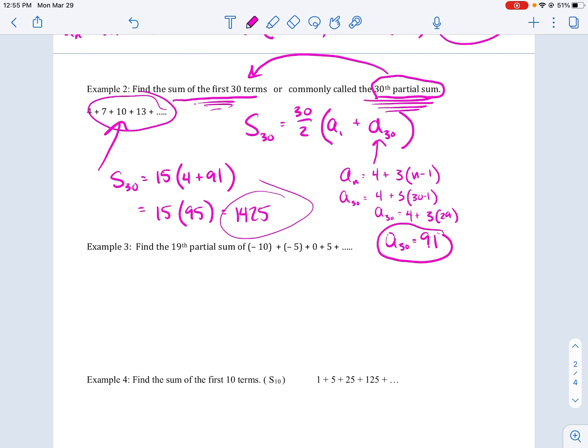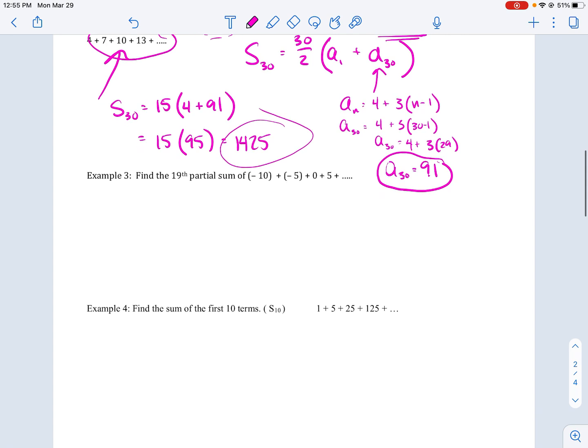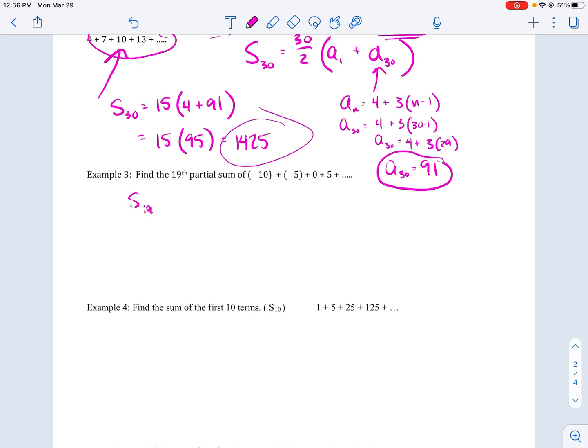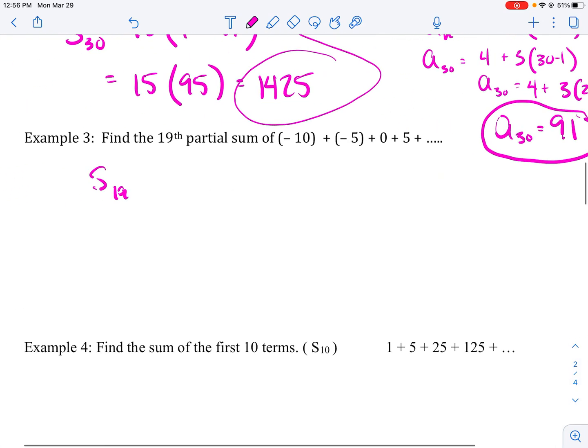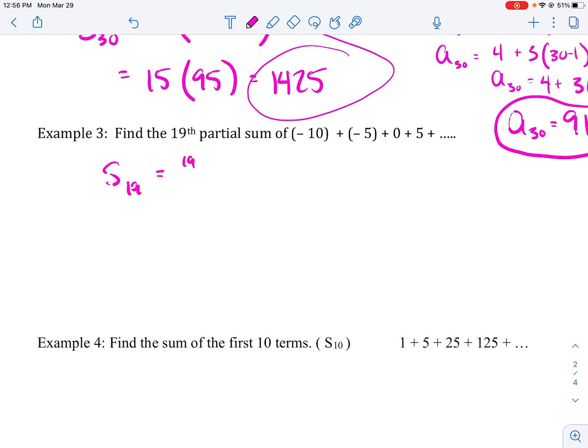All right, number 3. Same type of problem, except they're looking for the 19th partial sum. So unfortunately, again, what we don't have, we have 19 divided by 2, first term plus a sub 19.